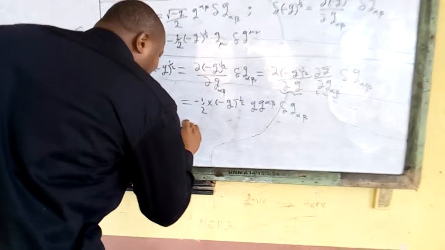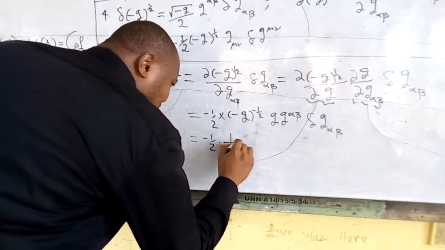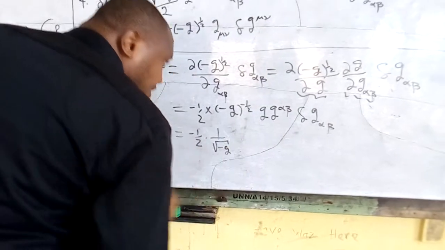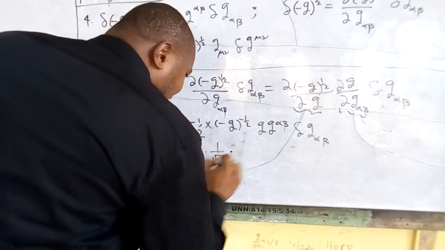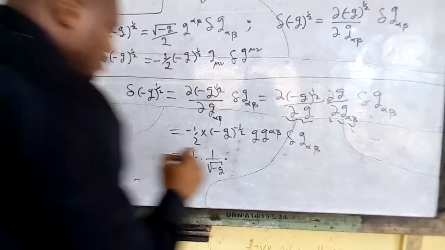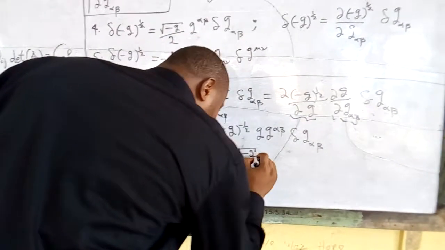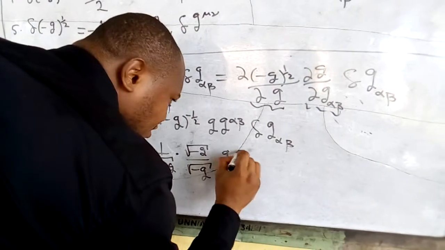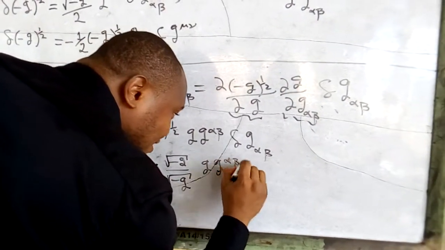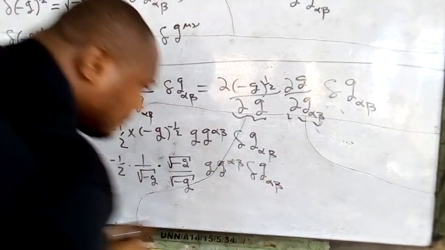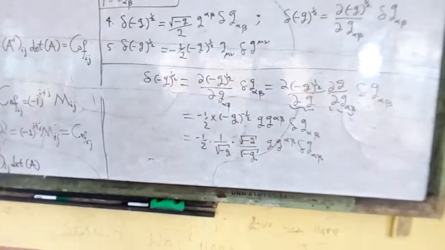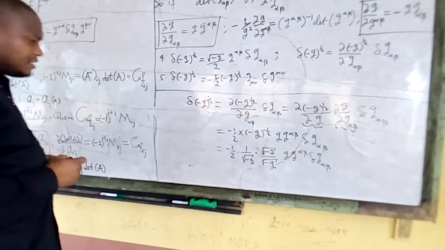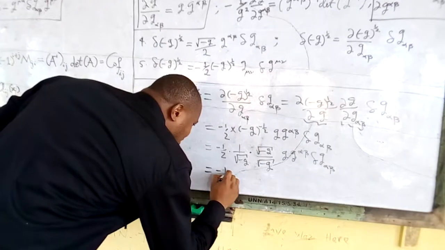Now this is the same thing as minus 1 all over 2 dot 1 over the square root of minus g. And then I could perform some sort of rationalization. Minus g here. So I have g superscript alpha beta and this alpha beta. And of course, from this we can see that it's easy to have minus 1 all over 2.